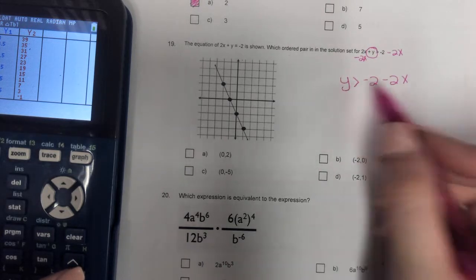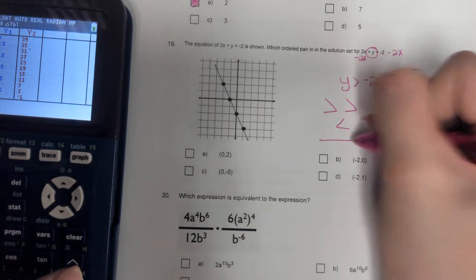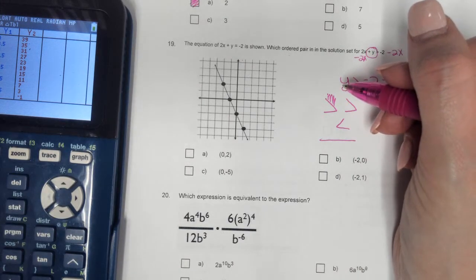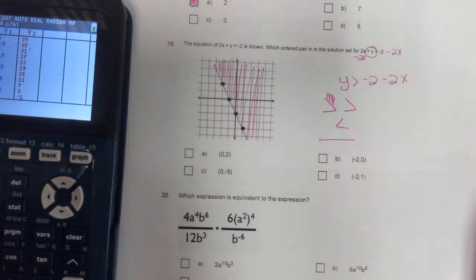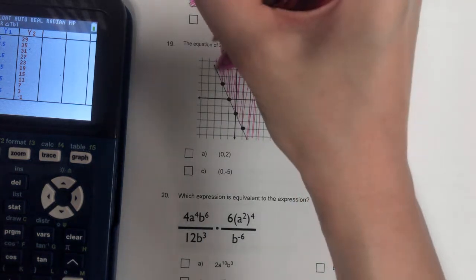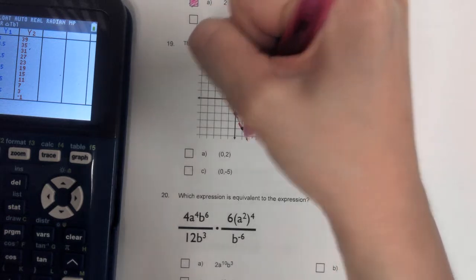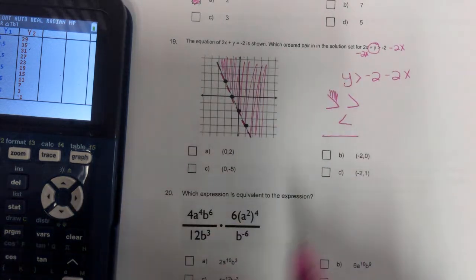There's nothing to divide by, so I'm done. Greater than, if you remember Slim Shady, this matches his eyes, so you're going to shade above. And it's greater than, so it's actually a dotted line, not a solid line.